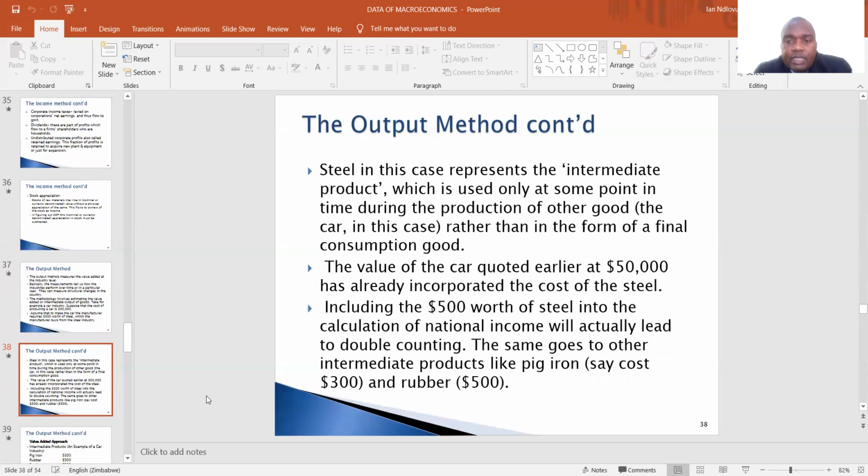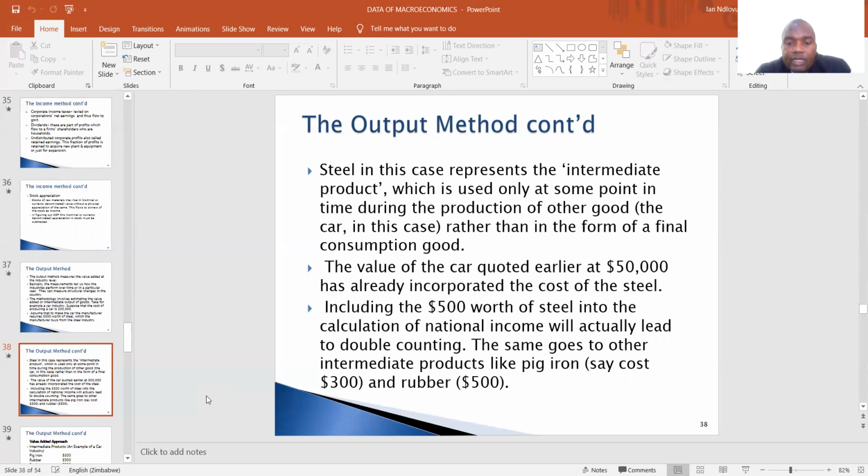Steel in this case represents the intermediate product, which is used only at some point in time during the production of the end good, which is a car in this case, rather than in the form of a final consumption good. The value of the car quoted earlier at $50,000 has already incorporated the cost of steel. Including $500 worth of steel in the calculation of national income will actually lead to double or multiple counting.